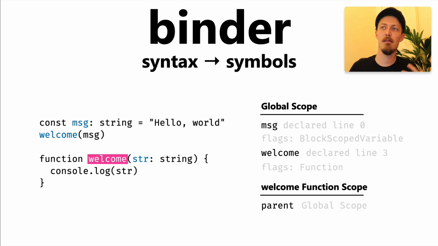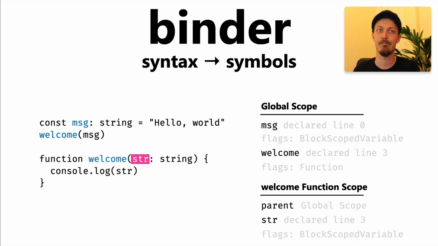And then, because we have nested scopes inside this code, we create a new symbol table with a reference to the parent. So in the case of the function scope of welcome, if you looked for MSG, it would not find it in the function scope. It would go to its parent, which would be the global scope, and then it would find MSG inside that table.